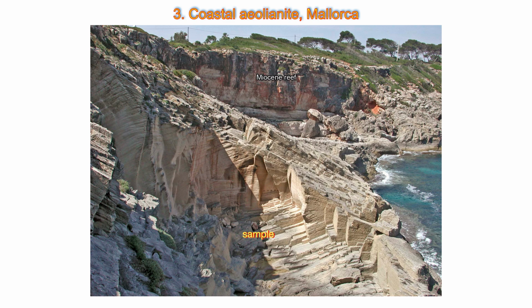According to Fornas and others, this aeolianite was deposited during glacial intervals when sea level was low and strong westerly winds blew across Majorca. The sample from the vadose zone in the middle of the outcrop, meters above sea level, was thin-sectioned and is shown on the next slide.